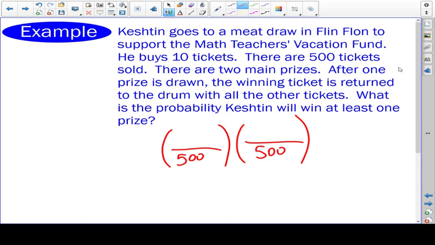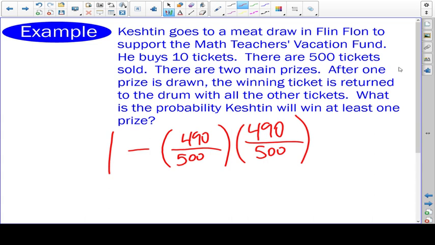If we want to find the probability of him winning nothing, that means one of the other 490 gets drawn, and the same thing on the second draw, one of the other 490 gets drawn, not Keston's. So this is the probability that he loses on both prizes. Now we want to find the complement of this, so we're going to take this and subtract it from 1, because that's going to give us the probability that he wins something.